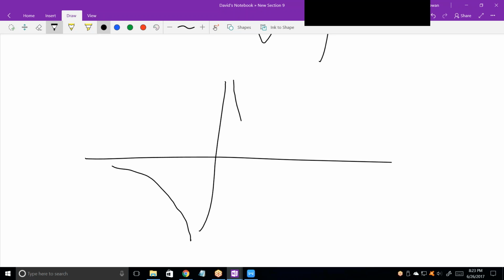Give you another one. Hyperbolic function. What's the domain? What's the range? And incidentally, this function is 1 over x. That's what that function is. It's the domain. We did this one already.